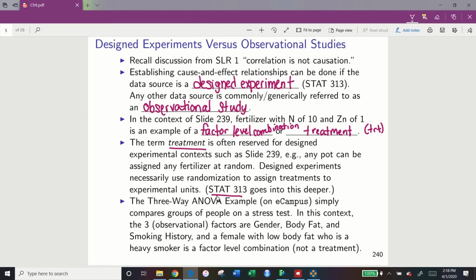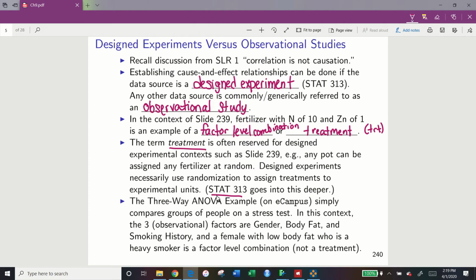But basically, when you think back to our formulas for our ANOVA model and our linear regression model, you notice how we added that epsilon term, and I kept calling it the error term. Randomization reduces that error term, which ideally is a very good thing. So in our three-way ANOVA example, something we'll look at on eCampus, it simply compares a group of people on a stress test.